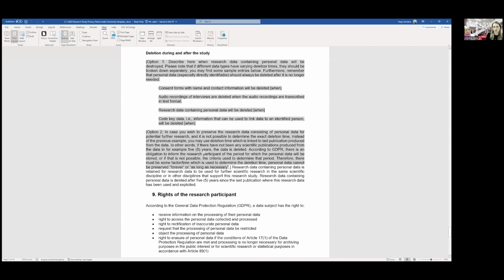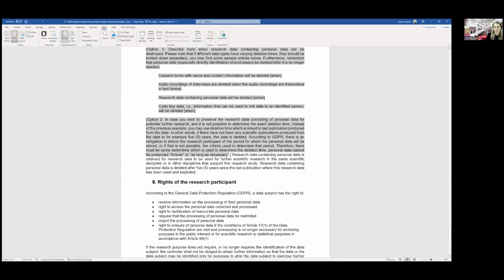What we actually use as the deletion time or the retention time of the research data itself. So in most cases, this is the pseudonymized actual research data. So we have already, in most cases, maybe deleted all the data that has been collected just for practicalities, because in most cases you only need the name and contact information and stuff like that for practicalities.